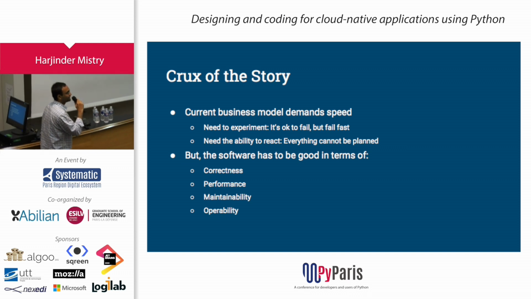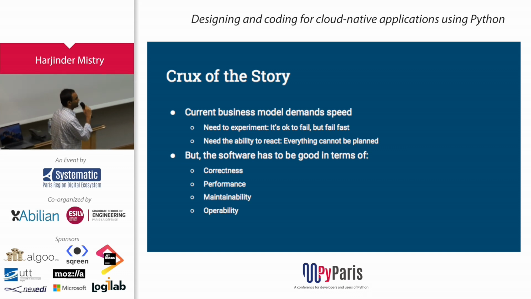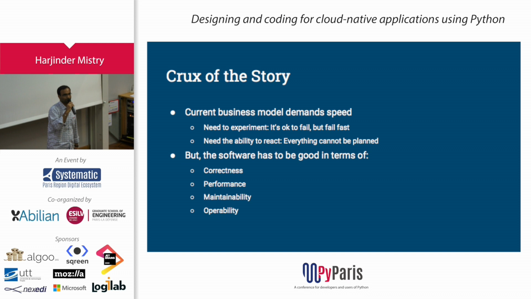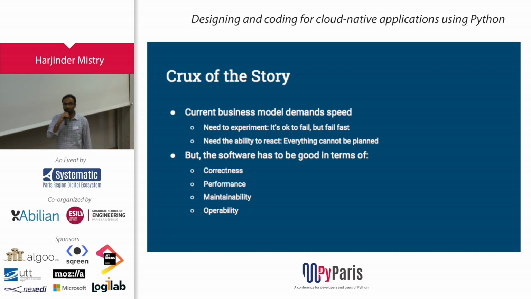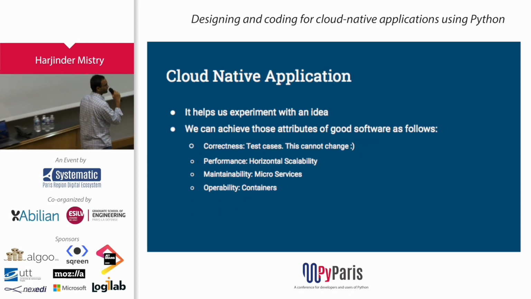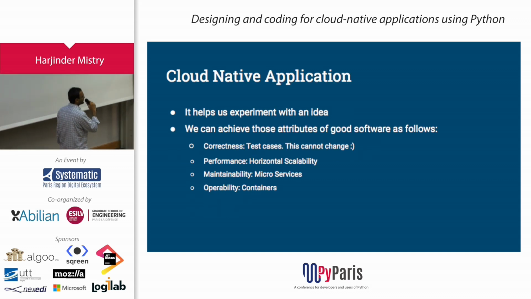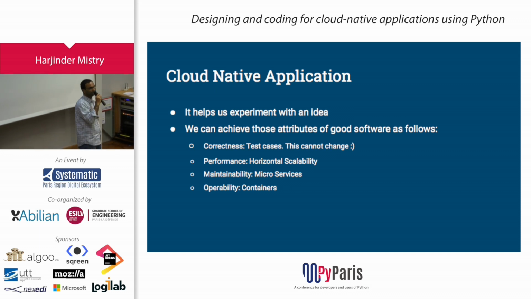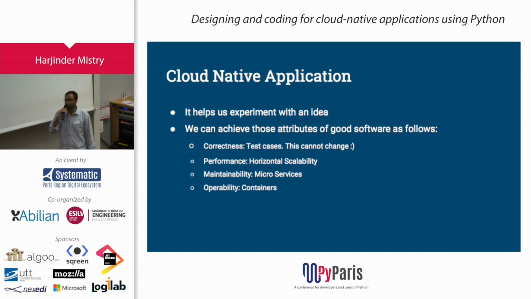performance, maintainability, and operability. The first 3 points are relevant to the developer. But as we all know, we are working in the DevOps era. So that is where operability is also a responsibility of a developer. That is where people are trying out cloud native applications, because all these goals can be achieved in a specific time with a specific budget.